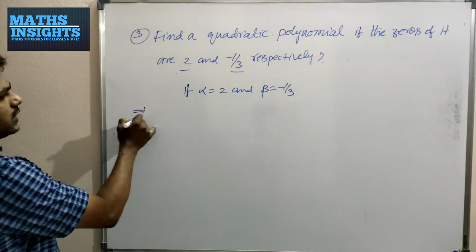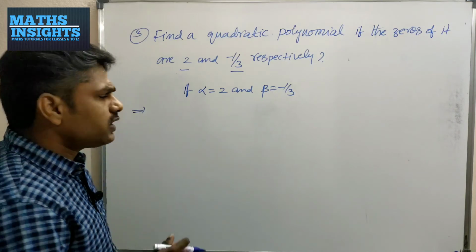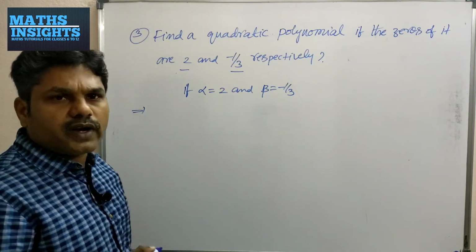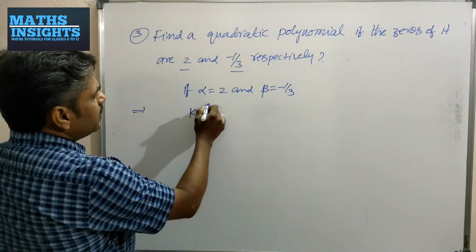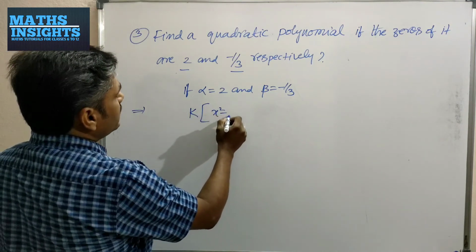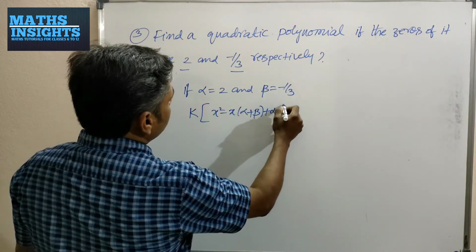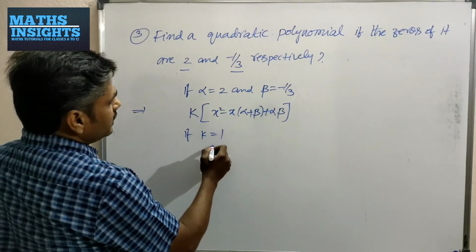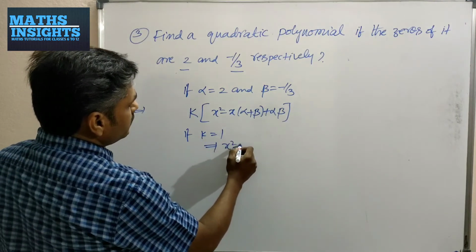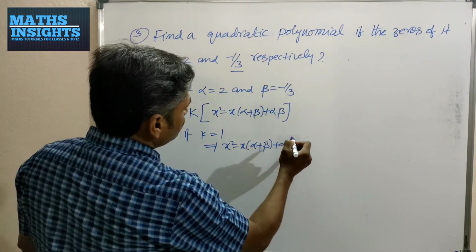You know that if you know alpha and beta, you can find the quadratic polynomial by using the formula k into x square minus x into (alpha plus beta) plus alpha into beta. If k is equal to 1, it will become x square minus x into (alpha plus beta) plus alpha into beta.